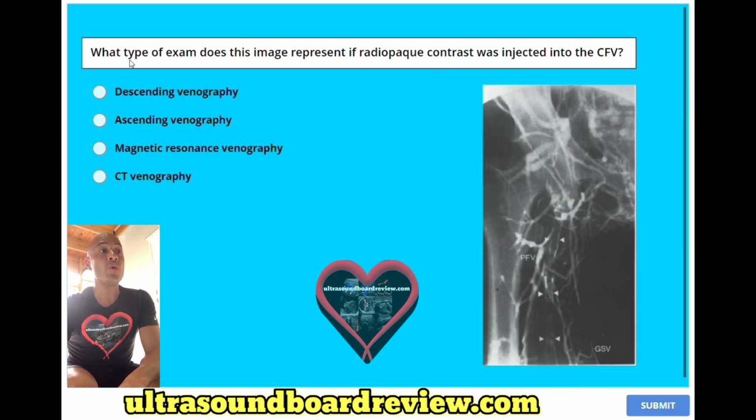Question 22. What type of exam does this image represent if radiopaque contrast was injected into the common femoral vein?